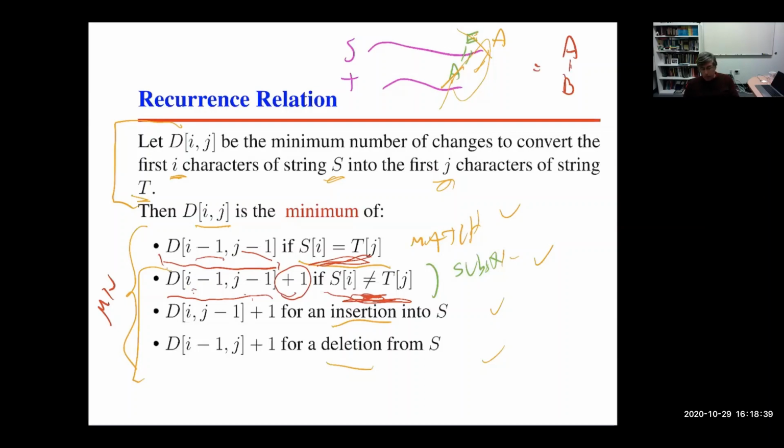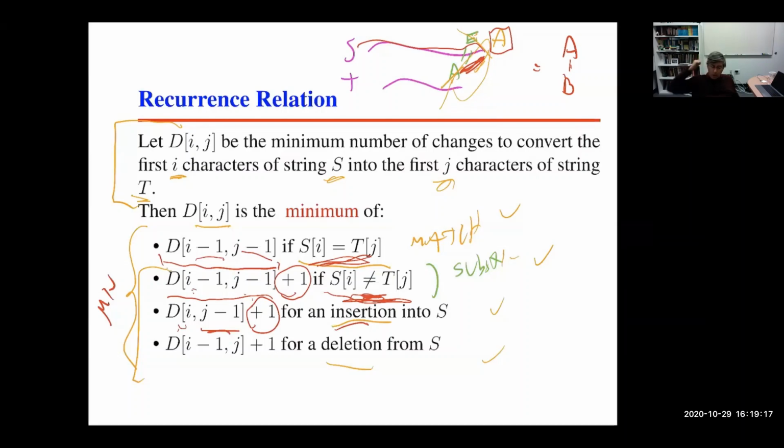Or I might choose to do an insertion. If I do an insertion at the end of my first string, the only reason I do that insertion is to match the last character of the other string. I pay 1 for doing the insertion, and what's left is I still have i characters of the top string, but now j minus 1 unmatched characters of the bottom string.